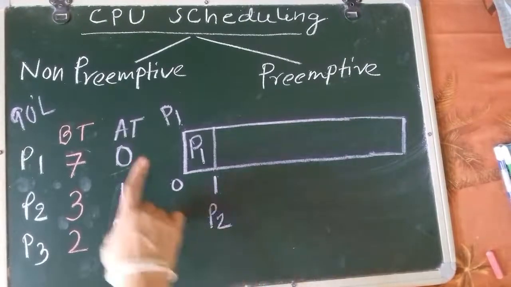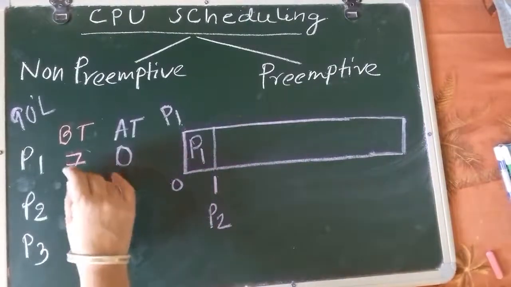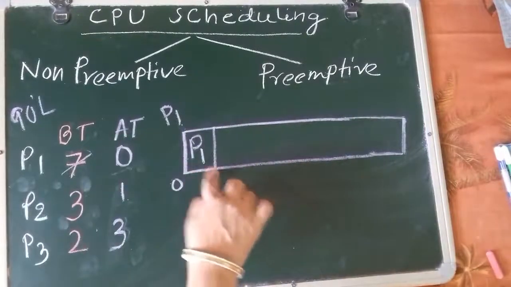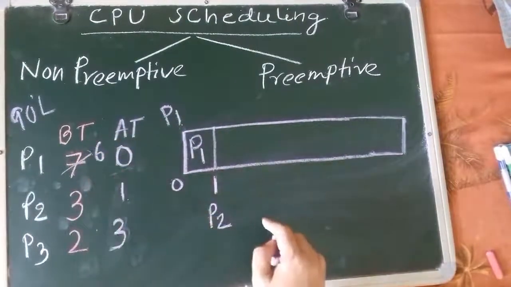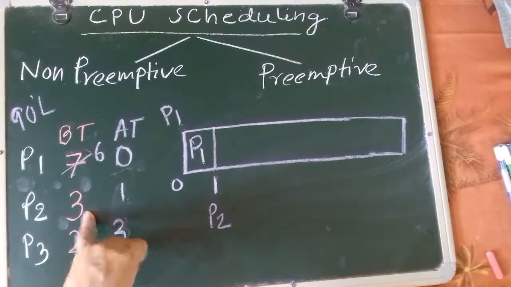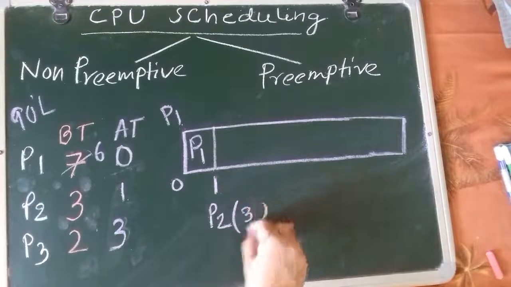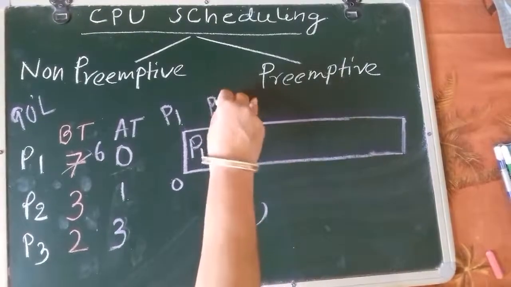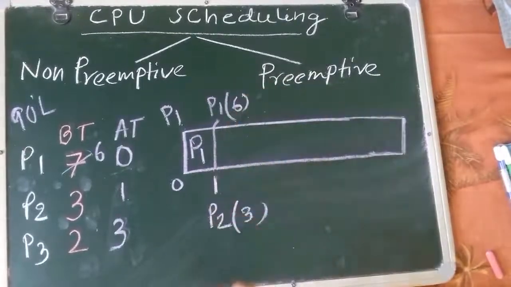At that time, if I consider always shortest job first, which one is shortest? From P1, 1 unit is executed, so how many units are left for P1? 6 units are left for P1. And for P2, how many units are left? P2 has entered with 3 units, so 3 in total. At that moment P1 has 6 units to be executed. So which one is the smaller one?